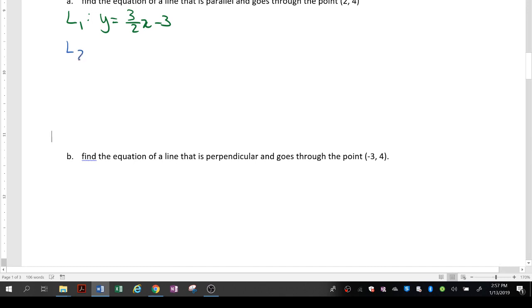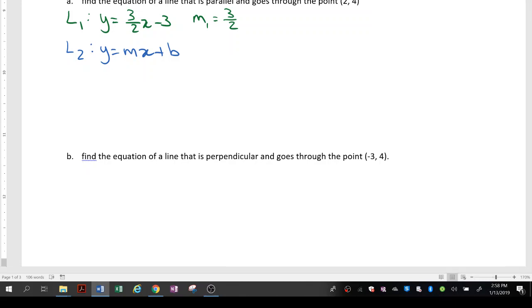So L2 here, y equal to mx plus b. And we know that our slope in our first equation is 3 over 2. So we can use that in here, and that gives us y is equal to 3 over 2x plus b.